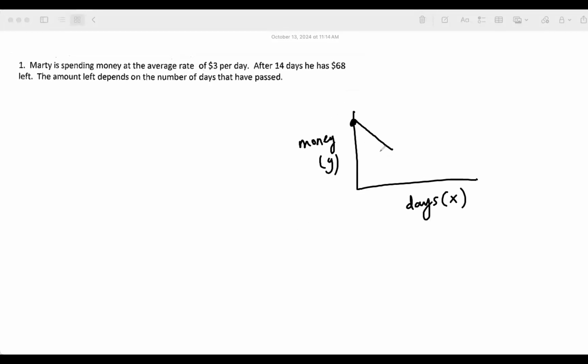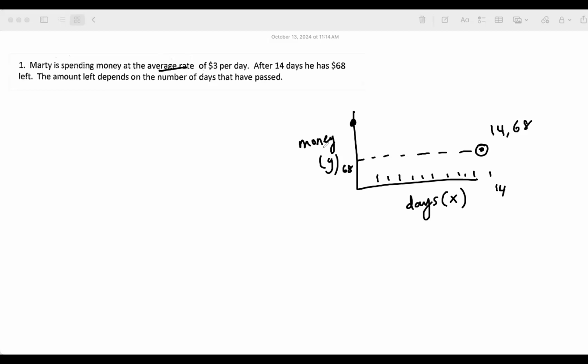After 14 days, what happens? She has 60 money. So that's a point on the line, right? 14, 60 is a point on the line.